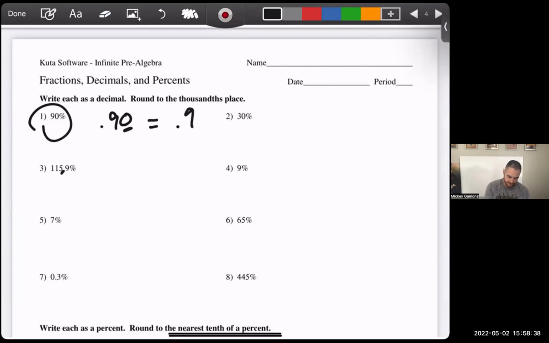Again, we're just going to shift the decimal 2 times and we get 1.159, just like that. Okay, so changing it from percent to decimal, really you just shift the decimal twice, but you can always think of pennies to help you keep it simple. So these are the answers for 1 and 3.